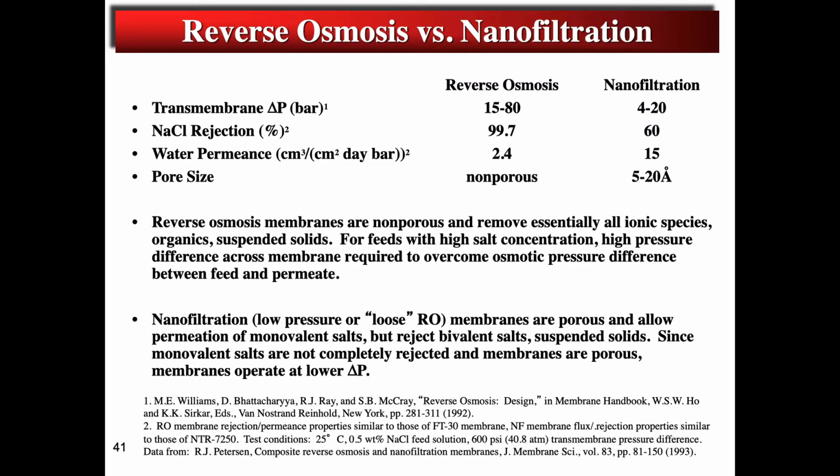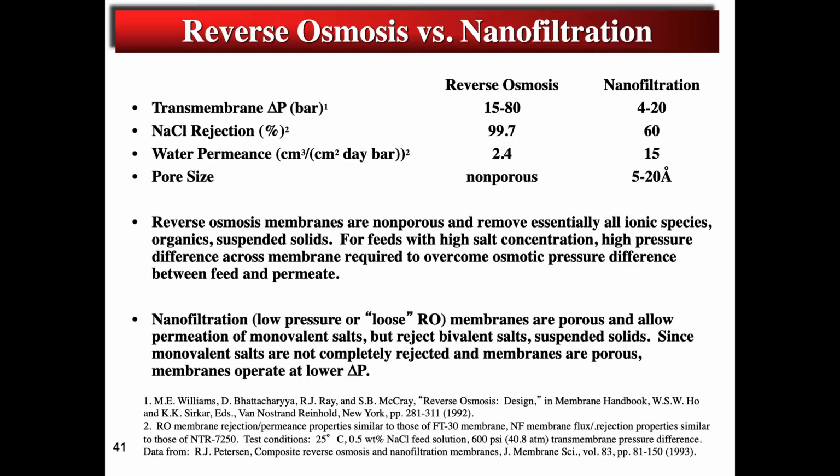We often distinguish between reverse osmosis and nanofiltration membranes. They're made by a very similar process as the one I just described to you. The nanofiltration membranes would often be referred to as slightly defective reverse osmosis membranes.